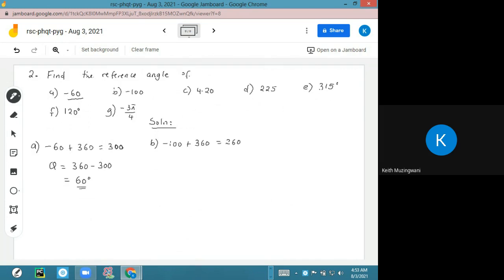Now 260 falls in the third quadrant, so to get the reference angle you say 260 minus 180, and this will give us 80 degrees. So we have seen that when it is a negative, we don't just throw the negative and call it the reference angle. No, we need to calculate. The reference angle of a negative will come from its coterminal angle.